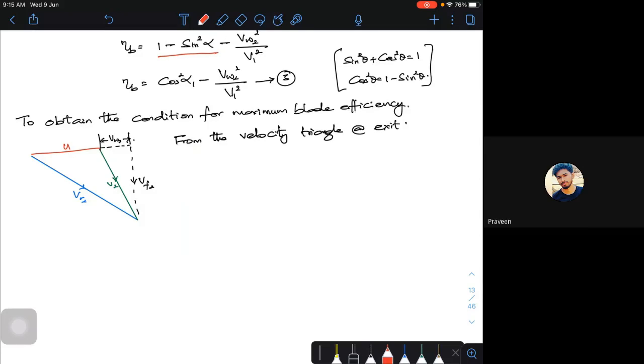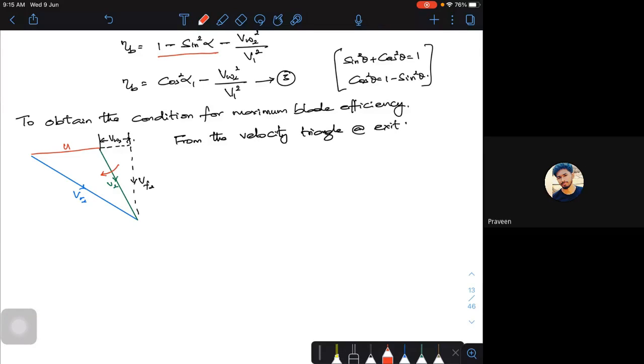What will happen? If VW2 is equal to 0, this becomes perpendicular.